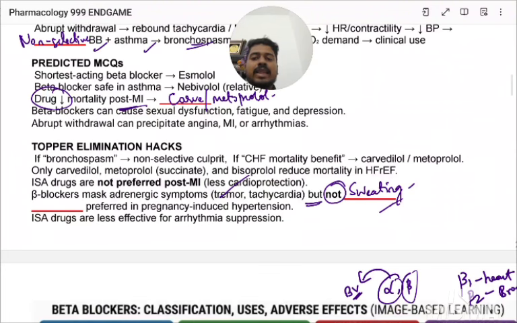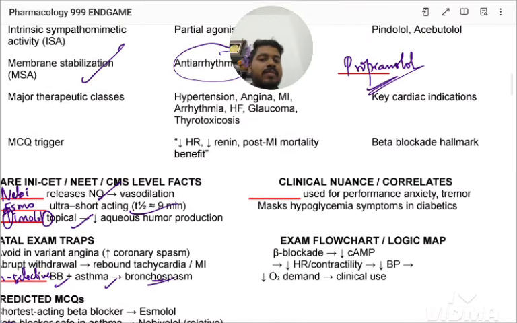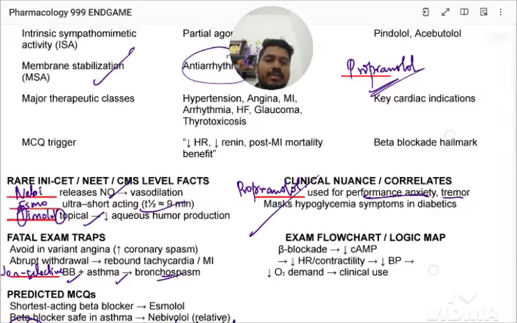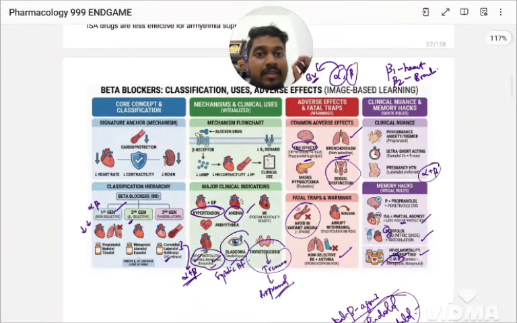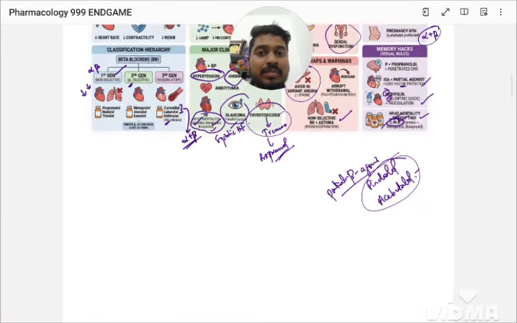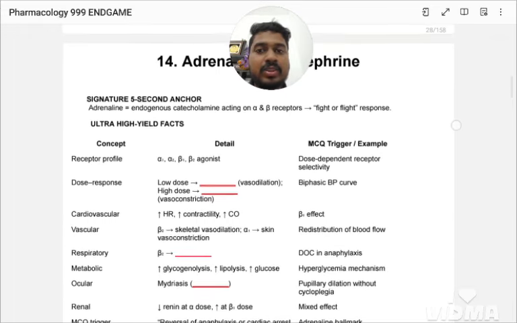Next, dash is preferred in pregnancy induced hypertension. Labetalol, nothing else. Only labetalol. And what is used for performance anxiety and tremor? We use propranolol. See, all these are drug of choice questions, so these will definitely be asked in your exam. So this whole image is a very high yield topic. That's why I'm dedicating so much time in explaining these topics.